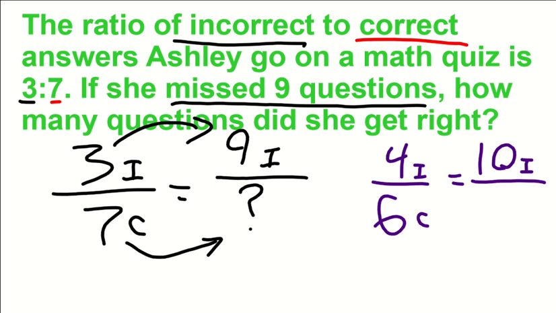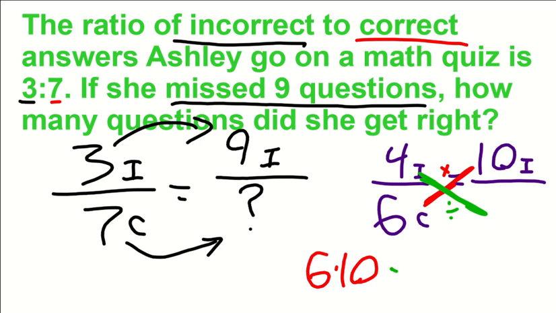Grab your calculator. What you do is the 2 numbers that are diagonal from each other, you're going to multiply. So 6 times 10. The number that is diagonal from the blank, we're going to divide by.